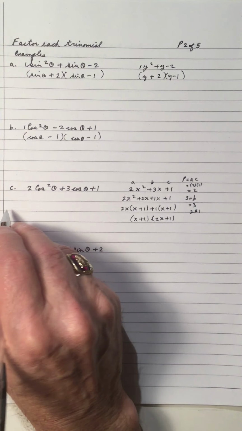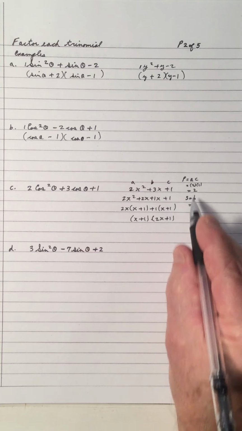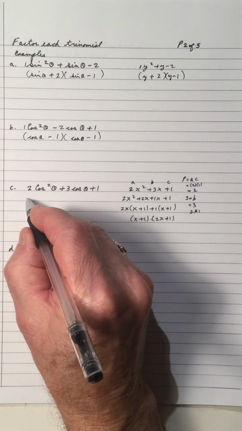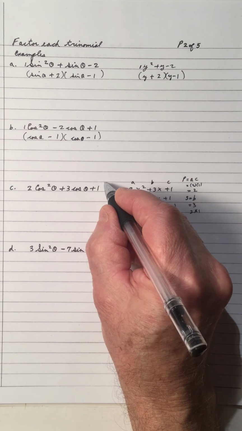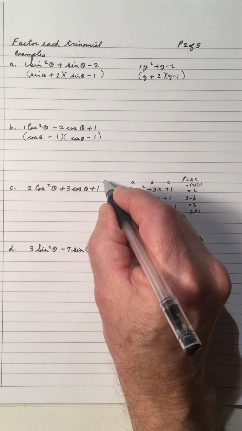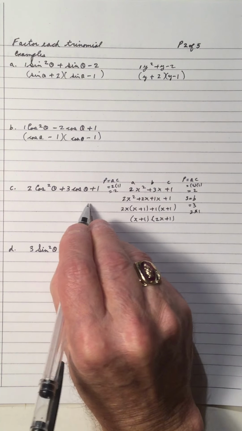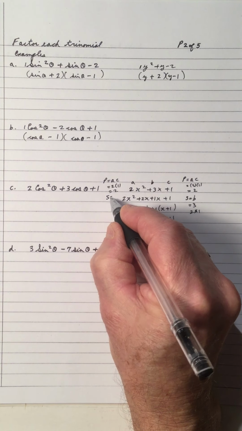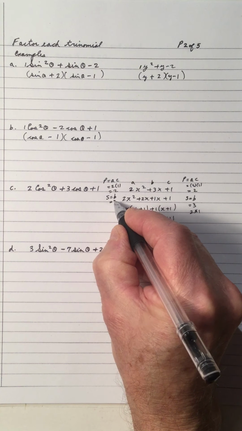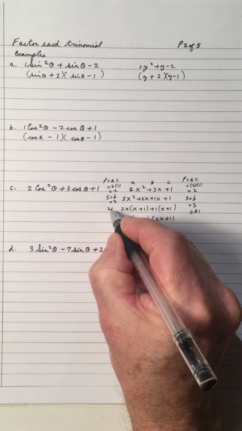It's the same here, because we have a 2, so again we go through all this. The product is a times c, and a is 2, c is 1, so the product is 2, and the sum is b, which is 3. So the factors are 2 times 1.